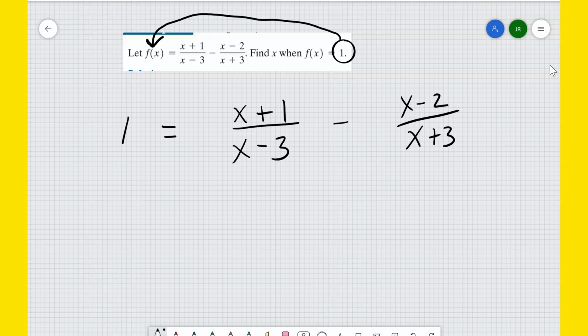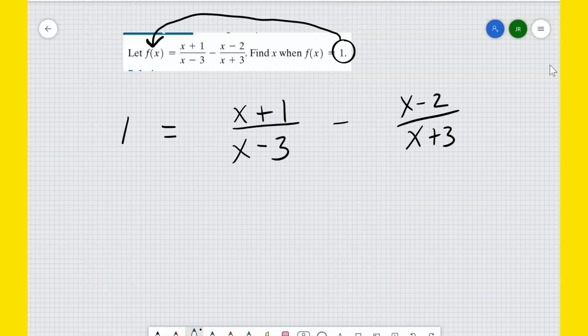One thing that's going to be a little tricky on this problem is the fact that you have a minus sign right here. In fact, I think what I would recommend doing, at some point you're going to have to distribute that minus sign to all the terms that come after it. So maybe you could go ahead and do it now.